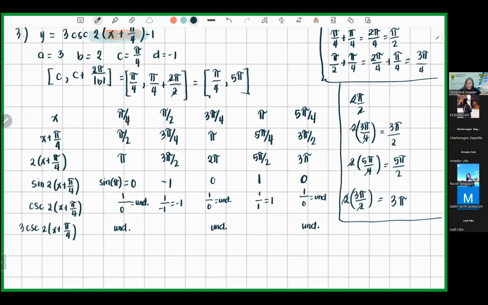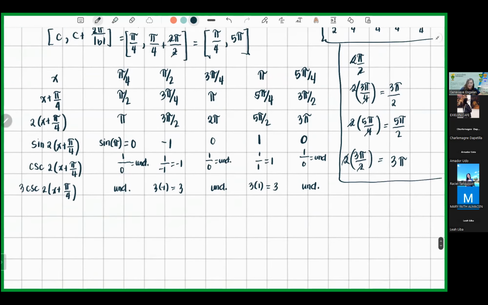So we multiply by 3. 3 times negative 1 is negative 3. Then 3 times 1 is 3. Next, we subtract 1. So y equals 3 cosecant of 2 times x plus pi over 4, minus 1.